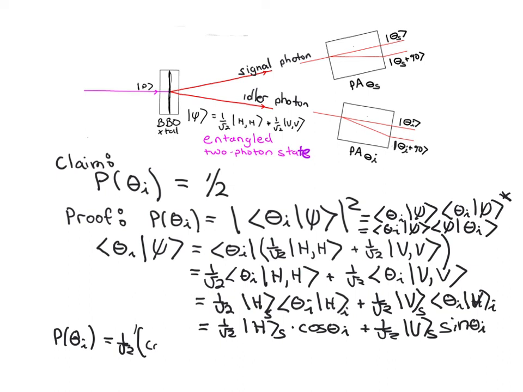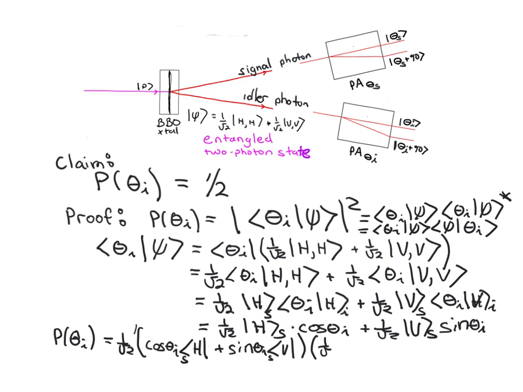It's cos theta sub I H, and I guess Beck puts the subscripts on the left-hand side when they're bras here, plus sine theta sub I with the V, and that whole thing times 1 over the square root of 2 HS.